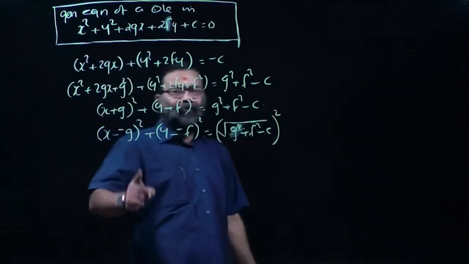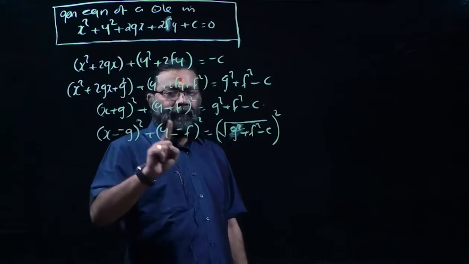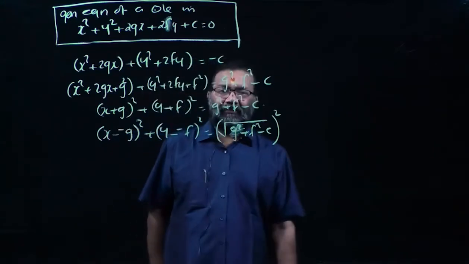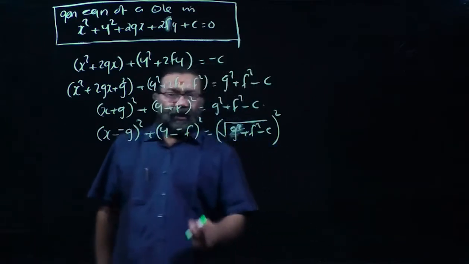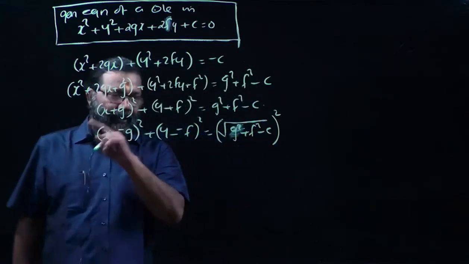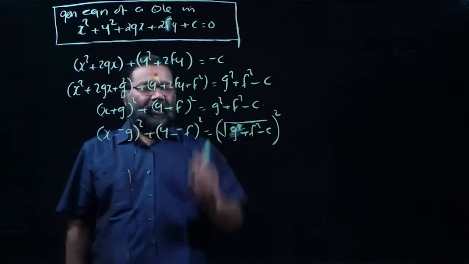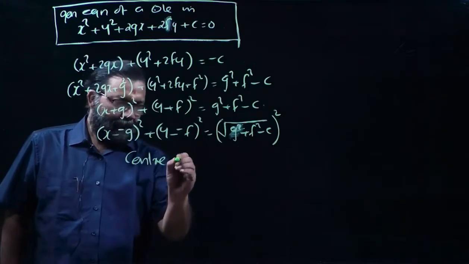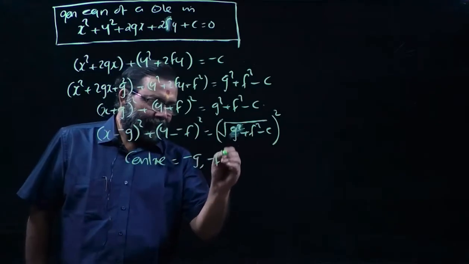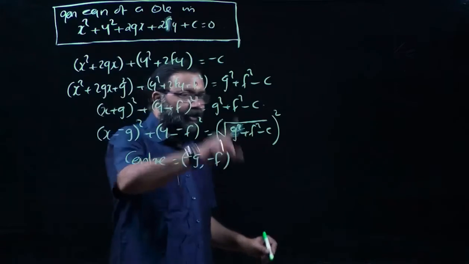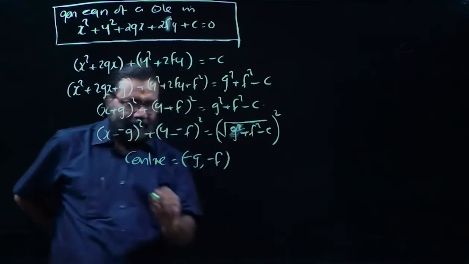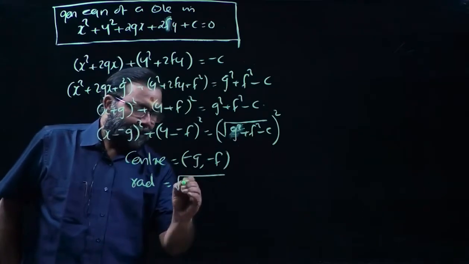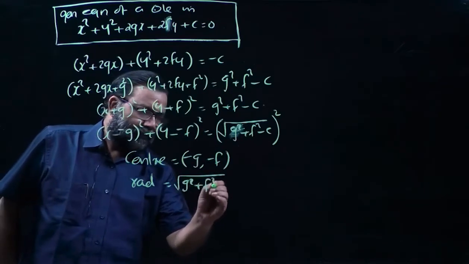Now it is of the form x minus h whole square plus y minus k whole square equal to r square. So in place of h we have minus g, in place of k we have minus f, therefore the center is minus g, minus f. In place of r we have root of g square plus f square minus c, therefore the radius is root of g square plus f square minus c.